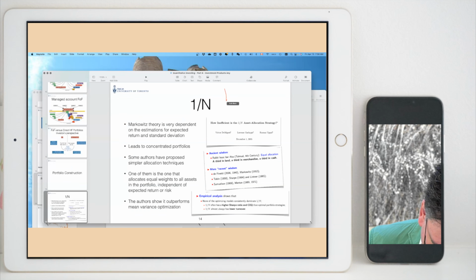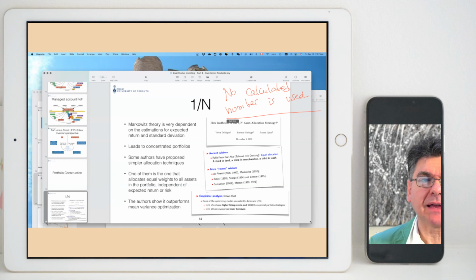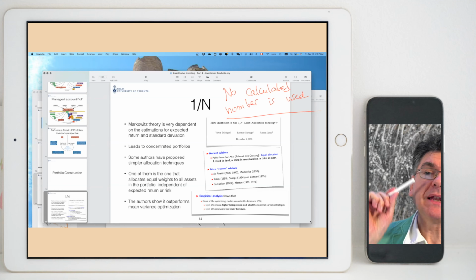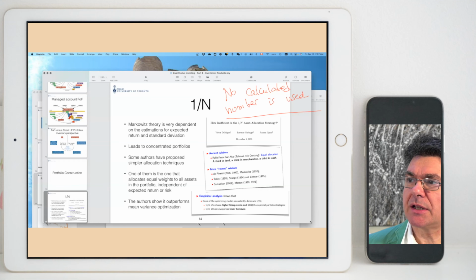No calculated number is used. It's very important for some people to not use a calculated number because they don't believe in them. They see that calculated numbers are changing all over the place. They change too much, so you should not believe them.